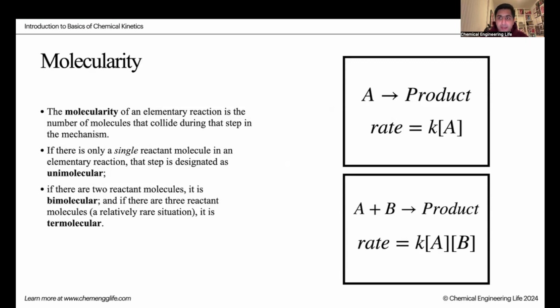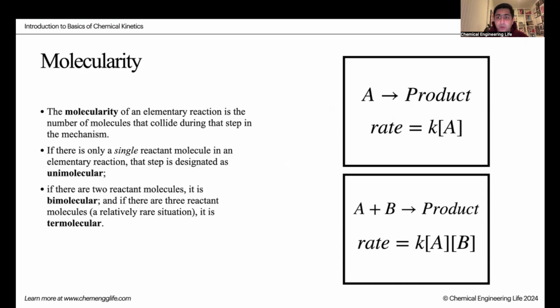If there are two reactant molecules, it's bimolecular. And if there are three, which is quite rare, it is termolecular. It is very rare to have more than three reactants colliding with the correct orientation and the same energy.